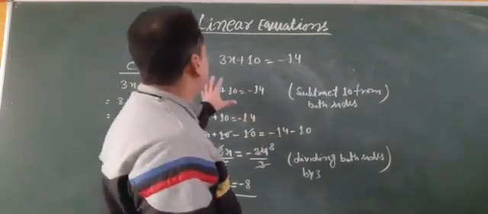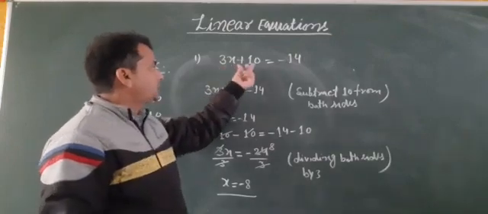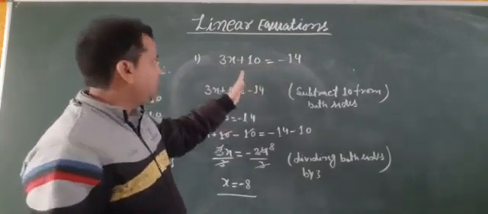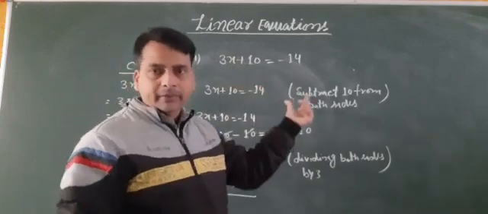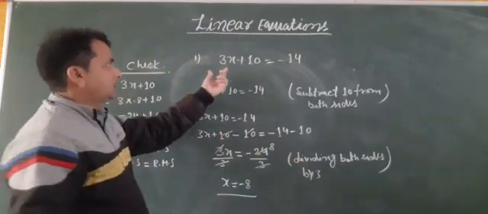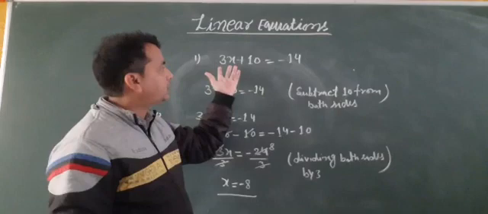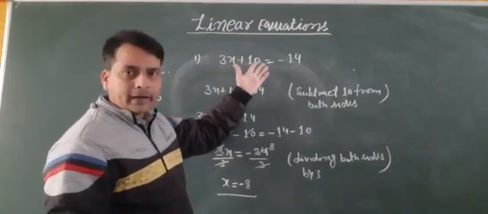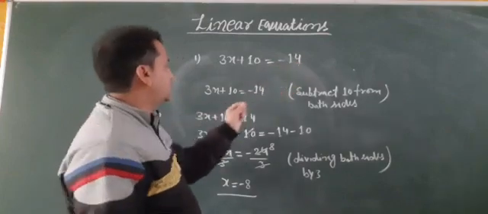First of all, solve this problem. 3x plus 10 equal to minus 14. Thrice a number, when 10 is added, gives the result minus 14.